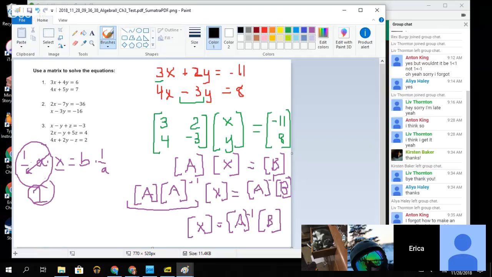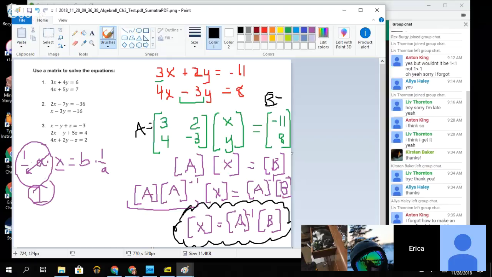Okay, and now you're thinking in your head, all right, great, Mrs. Ross, you just told me this, but how in the world do I solve it? Here's how your matrix tools come into play. We can plug matrix A and matrix B into either our matrix calculator or our TI calculator.